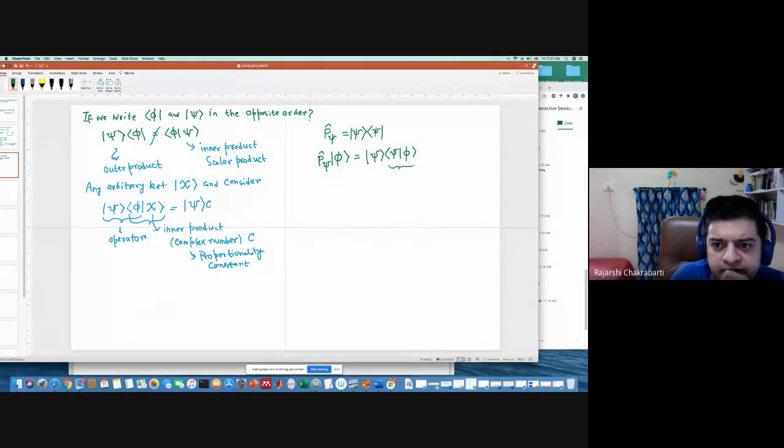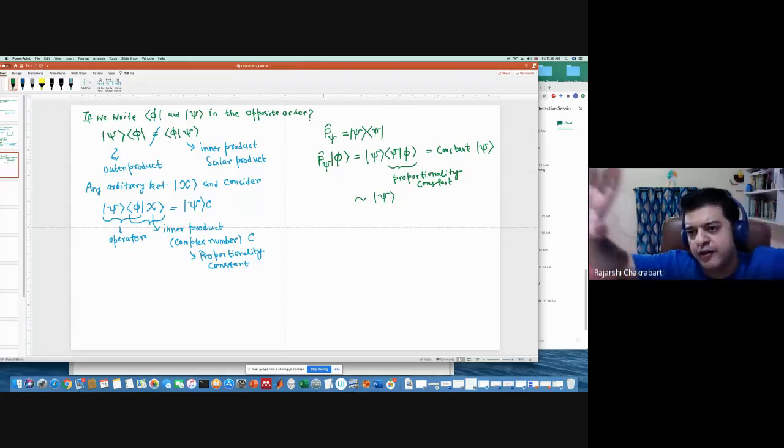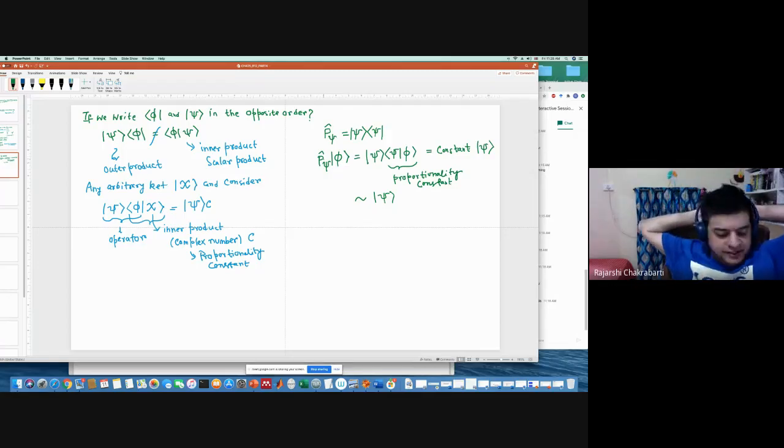Again, this is a complex number, like a proportionality constant. So it gives you something proportional to psi, some constant times psi. This constant could be a complex number. So you are operating this operator P of psi on a ket phi, and you are getting a constant times psi back. What does it mean?